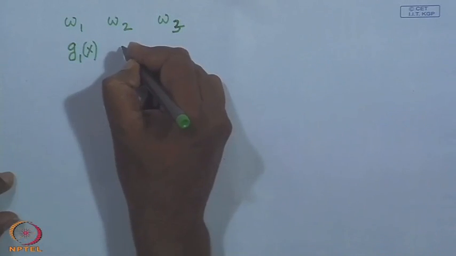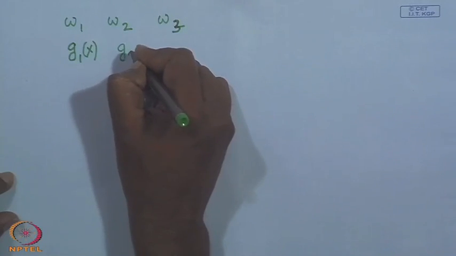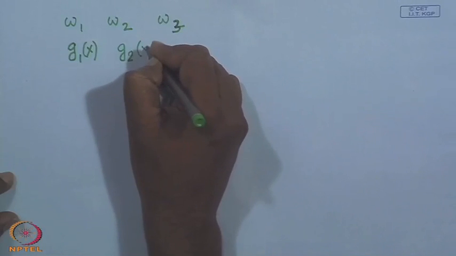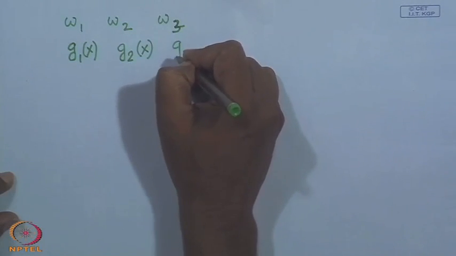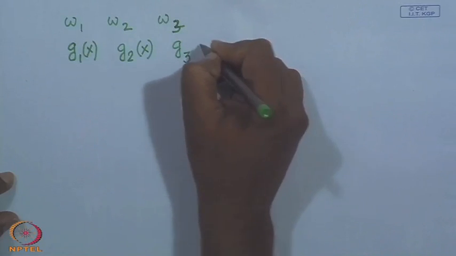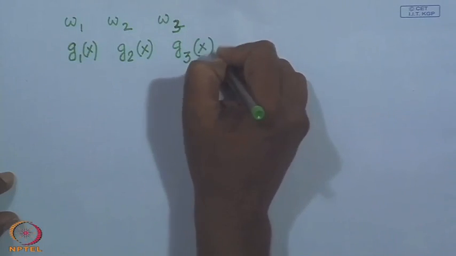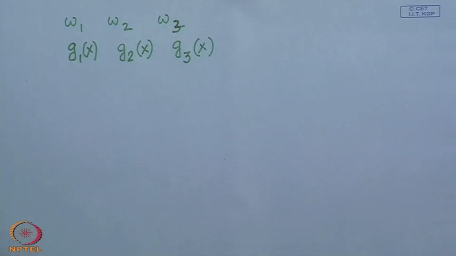For omega 2, I have g2(x), and for omega 3, I have g3(x). So, these are the 3 discriminant functions for 3 different classes.